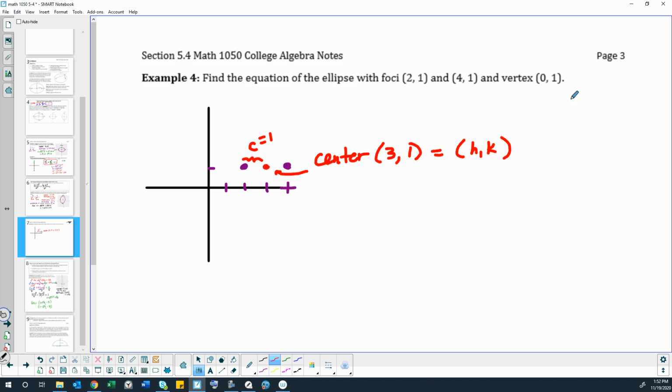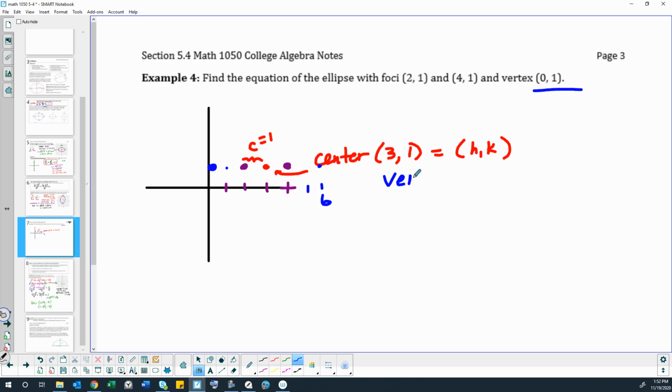Then we need to know a and b. So we have one more detail that they gave us here. We have a vertex at (0, 1). So (0, 1) is here. So we need to see how far that is from here. So that's a distance of 1, 2, 3 away this direction, which means it'll be another 3 away that direction, putting this one at 6.